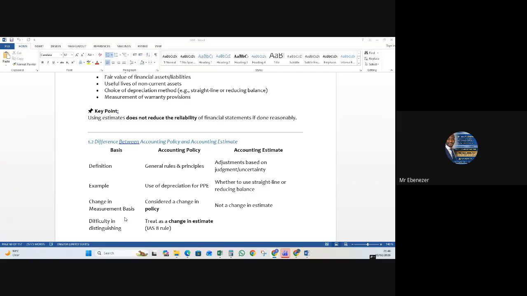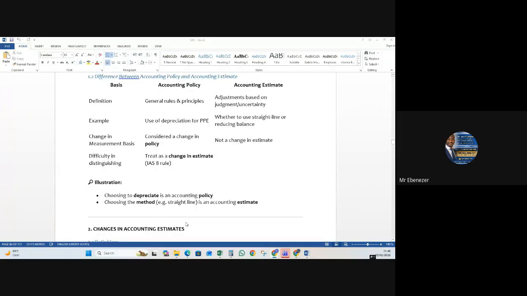Now, when you have difficulty distinguishing a policy from an estimate, you treat it as a change in estimate, which is your IAS 8 rule.